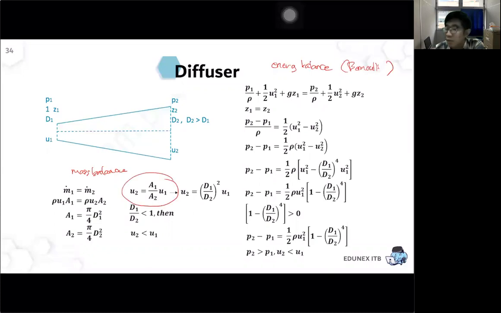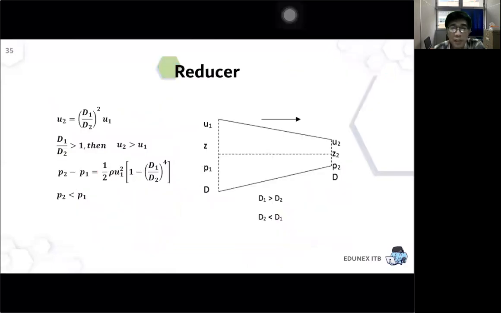And then you find out that if you have a diffuser, which has a larger diameter at the outlet, you will have smaller velocity at the outlet and higher pressure at the outlet. Inversely, for a reducer, you will have smaller diameter at the outlet, and then higher velocity, and then smaller pressure. The same principle applies: the mass balance and energy balance, Bernoulli ideal.